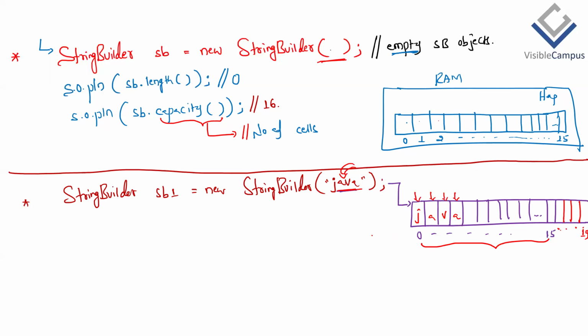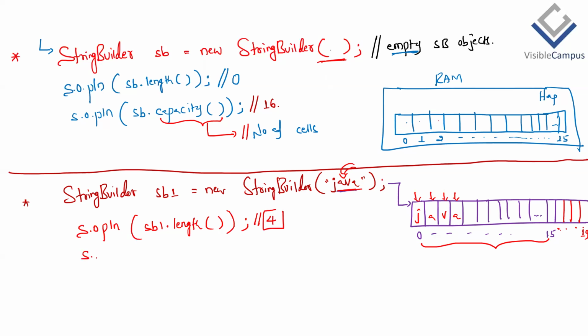Then for this also, if you try to print the length, that is sb1.length(), on this StringBuilder object the length method is there. So now what is the length? Length means the number of available characters. How many are there? 4 is the length.